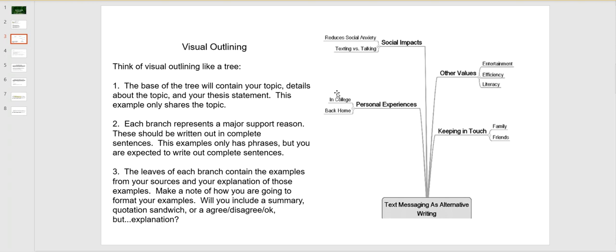And then on the leaves, what you have in there are those specific details, those direct quotes, summaries, observations, personal experiences that speak to the major reasons that you're outlining in your discussion. And then keep in mind that as you're drafting your essay, these details, you want to connect them back to your thesis statement.